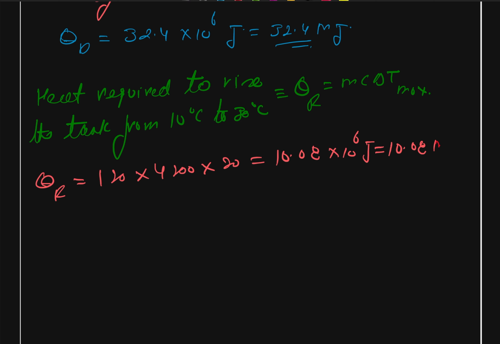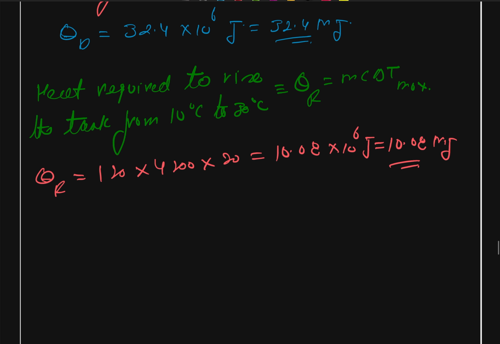or we can say 10.08 megajoules. So it means this is the maximum heat absorbed by the water without exceeding the temperature of 30 degrees centigrade.